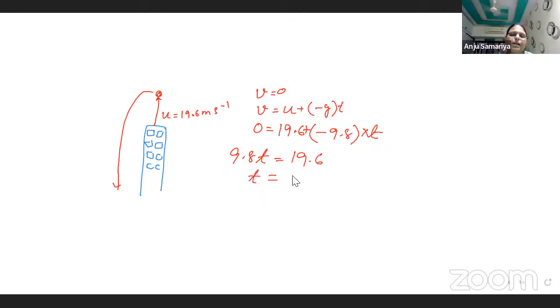Therefore T equals 2 seconds. So it takes 2 seconds to go up. Total time taken was 5 seconds, so time taken to go up is 2 seconds.